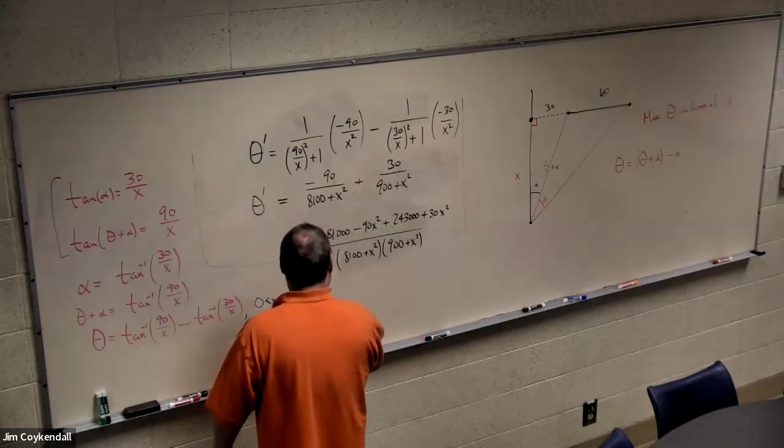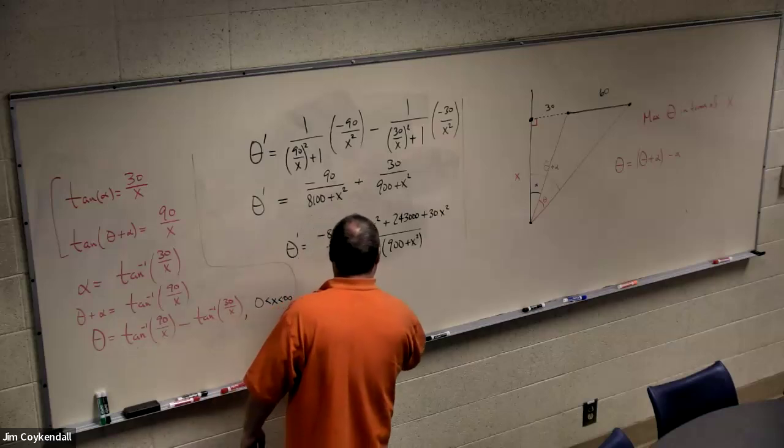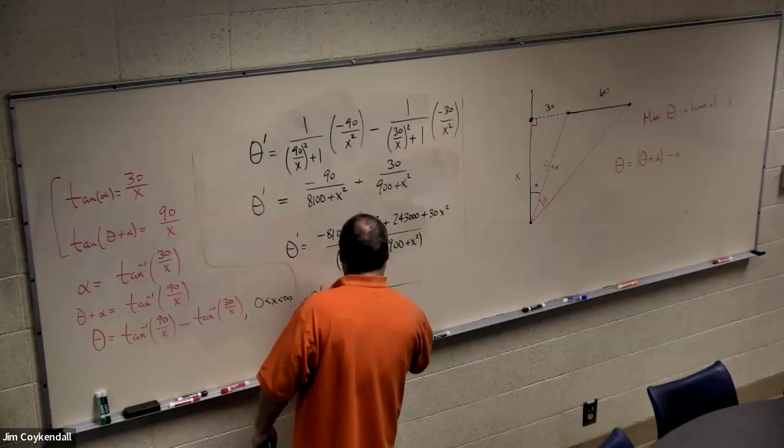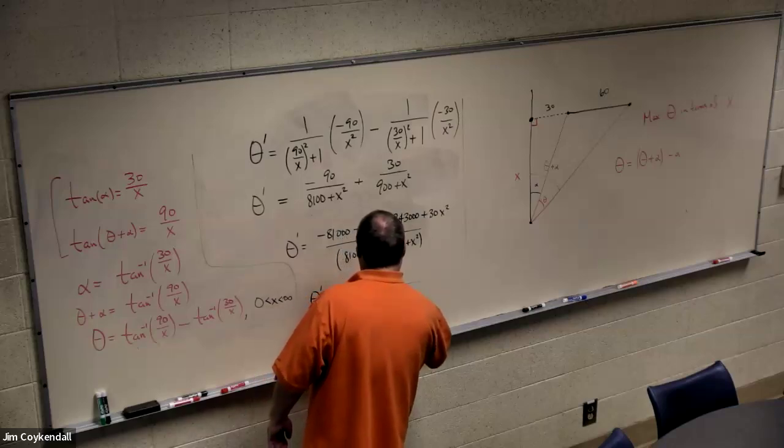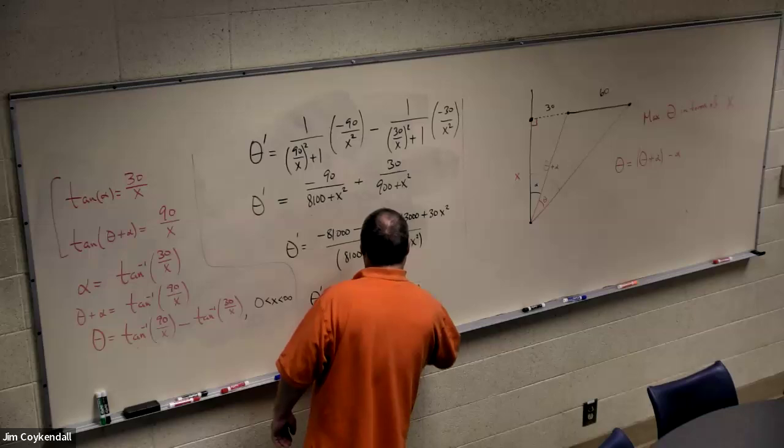So theta prime is equal to 8100 plus x squared by 900 plus x squared.